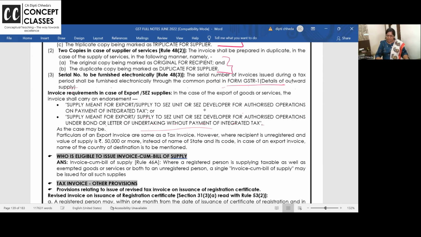So an export invoice is same as tax invoice, however, where recipient is unregistered and value of supply is 50,000 or more, instead of name of the state and its code, in case of export invoice, name of the country, destination, all details. So whenever you are generating tax invoice inside SEZ and all, you will write separately on the top, and you will not charge tax in that because the goods and services are exported.